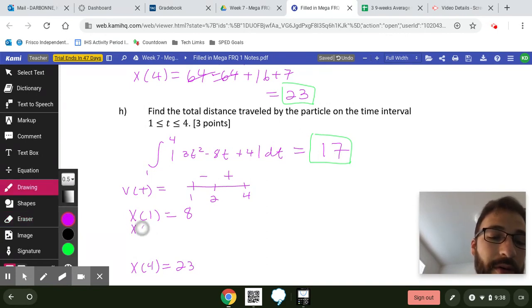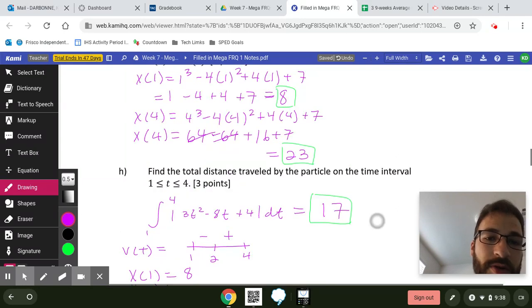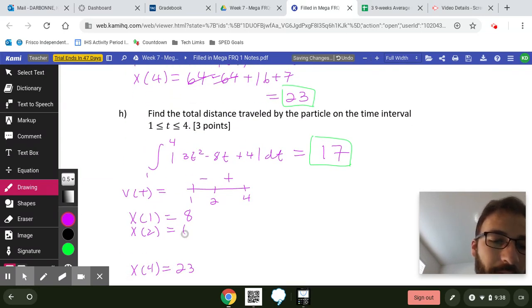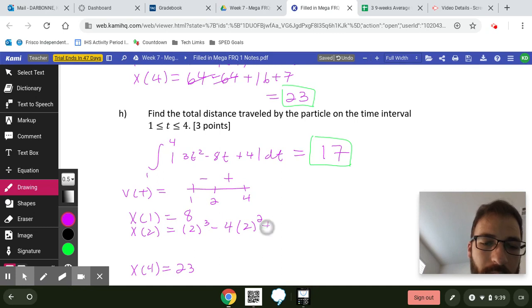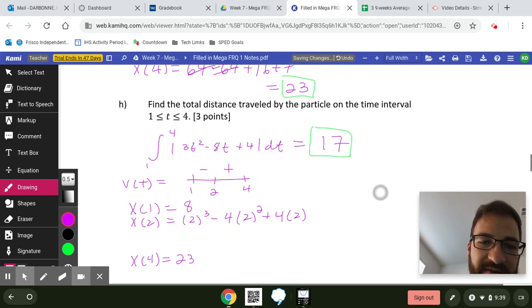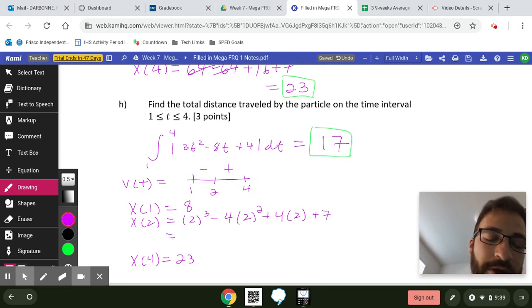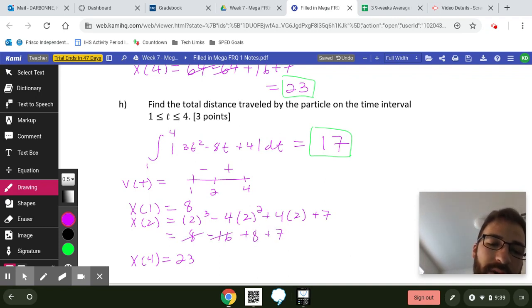So x of 2 is equal to 2 cubed minus 4 times 2 squared plus 4 times 2 plus 7. So 2 cubed is 8, 2 squared times 4 is negative 16, plus 8 plus 7. All that cancels out, and we're left with just 7.